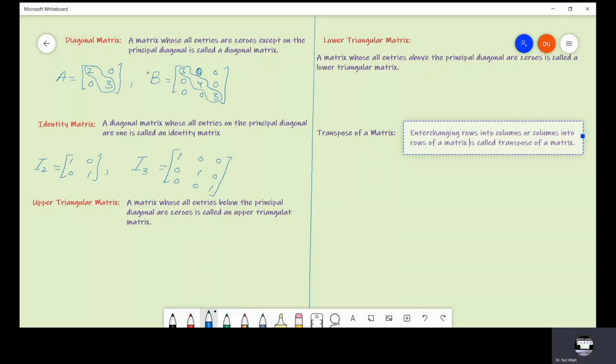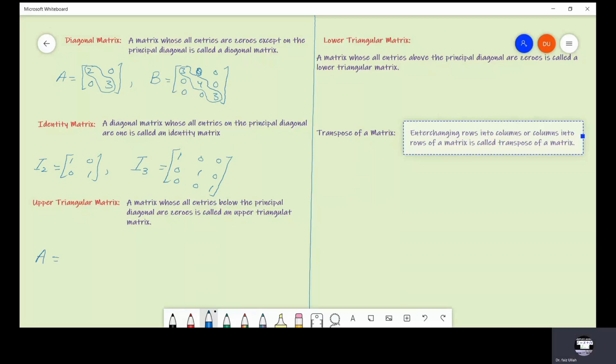Upper triangular matrix. A matrix whose all entries below the principal diagonal are zeros is called an upper triangular matrix. So let us see an example. Let A be a matrix.